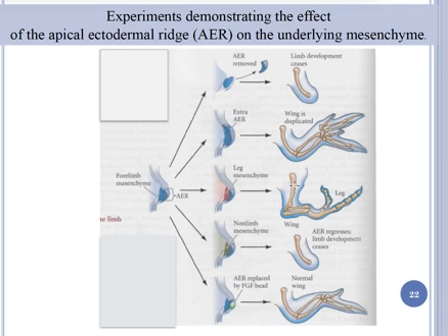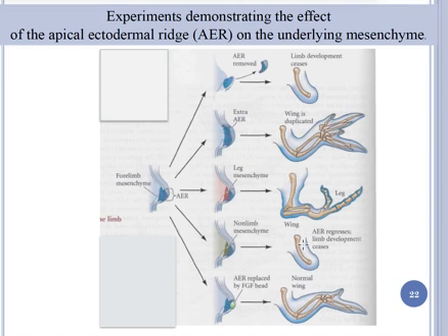But let's say we replace the forelimb mesenchyme with a non-limb mesenchyme. It means with a heart mesenchyme, with a skin mesenchyme, with a brain mesenchyme, anything different than the limb mesenchyme. In this case also we get a similar result as if we remove the AER.